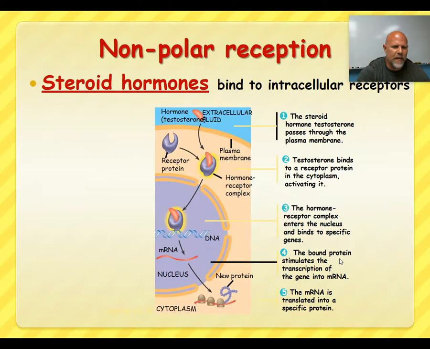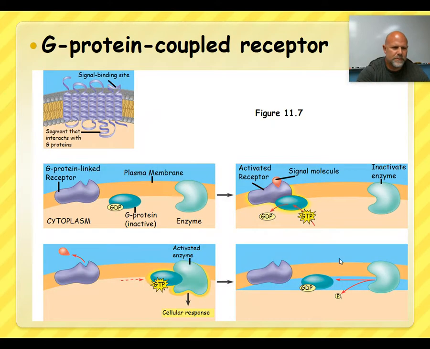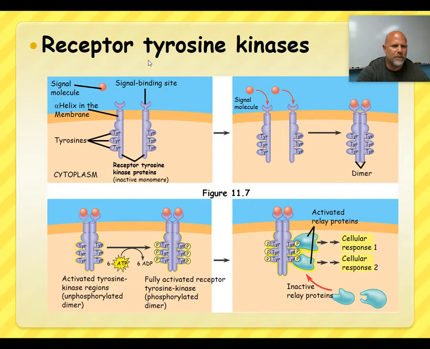So another type of receptor is called receptor tyrosine kinase. This one actually takes 2 signal molecules. This is the one that works with mitosis, and we get 2 molecules of growth hormone that bind to the surface of these proteins.